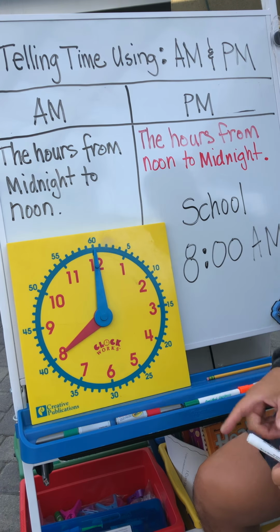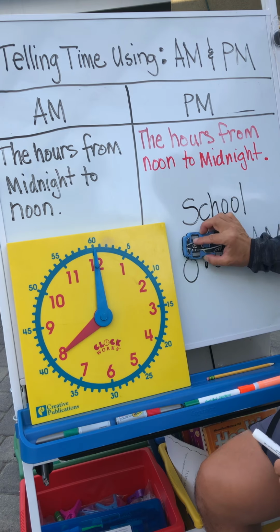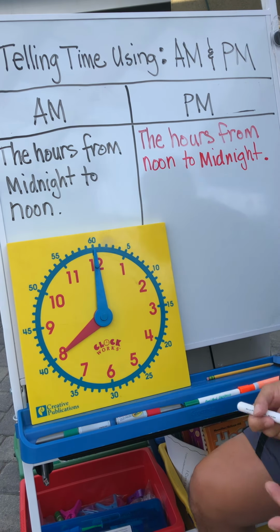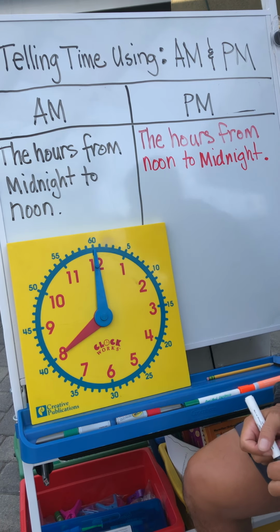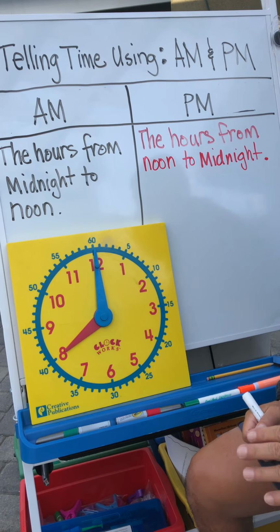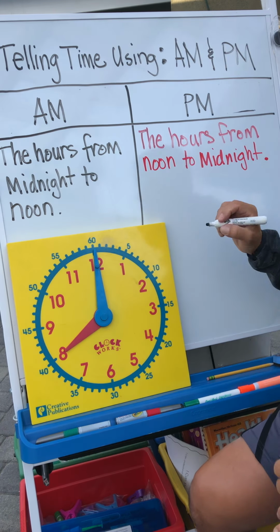Okay? Now, let's try a different time. So let's say it's 8 again, but we're not at school anymore. School's over, we had dinner, and we're getting ready to go to bed. And maybe your mom or your dad or your tío or your tía, whoever you live with, decides they want to read a story to you.